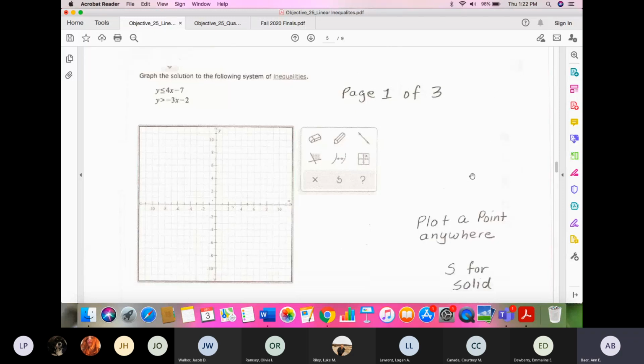So let's take a look. Graph the solution to the following system. So we have a system of inequalities when 2 or more inequalities are involved. This is going to come up in linear programming problems in finite math, and you will probably see more than 2 inequalities.